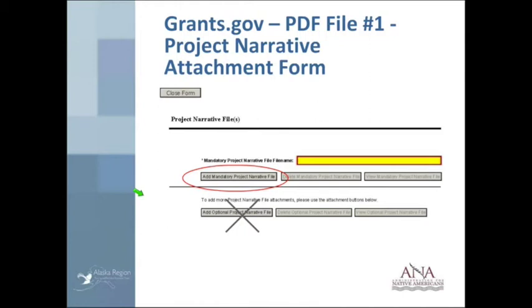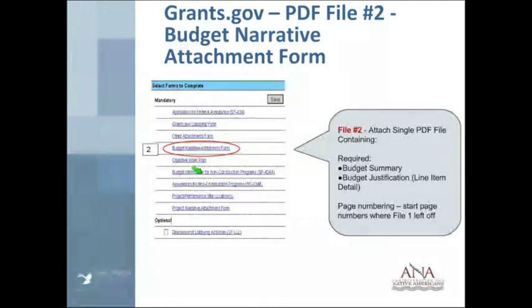You're going to click on Add Mandatory Project Narrative File, put in the file name, and this is what you're going to use to attach it to the Grants.gov package. So if you've got everything in one file, you won't need to use this down here. You should only use this one up here.